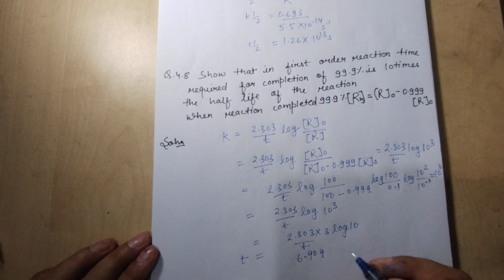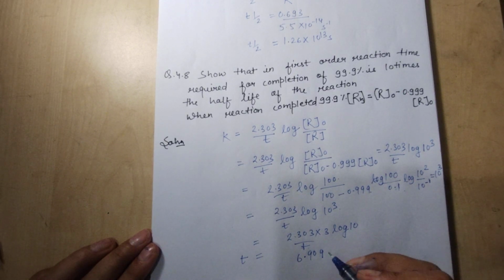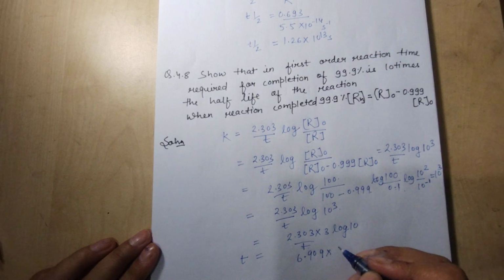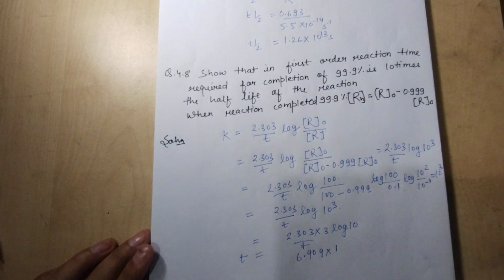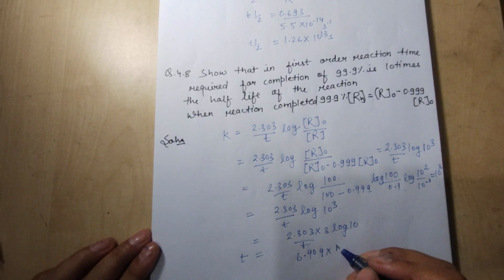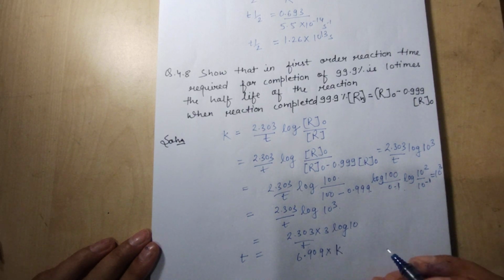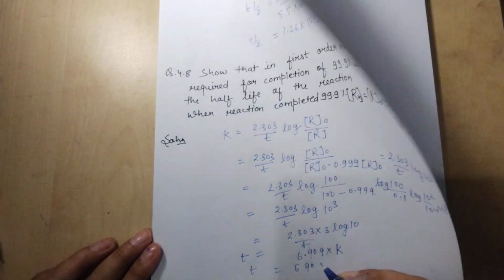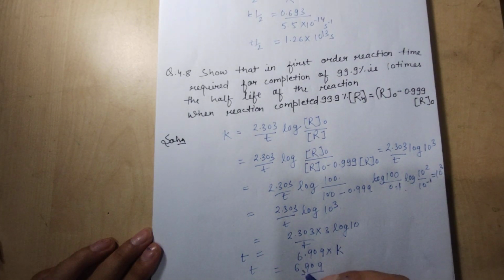Log 10 value, as we know, is 1. Or you can denote it by K. So T becomes 6.909 upon K.